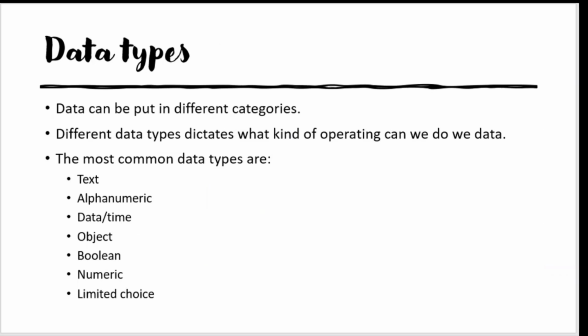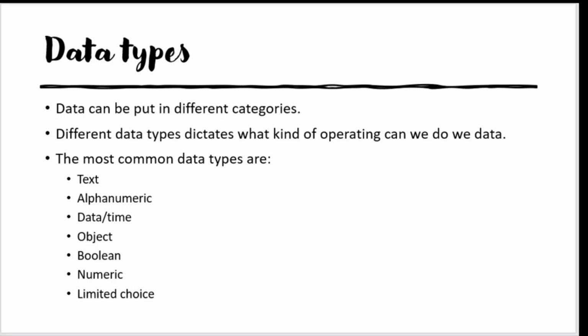Awesome. Today, obviously, we're going to focus on data types, and data types are a way that we have to put data in different categories. Okay, and different data types dictate what kind of operation we can do with the data. So it's almost like we are validating that data when we are using a data type. And obviously, different data types are selected depending on how you want to use that data, and whatever you want to represent, right?